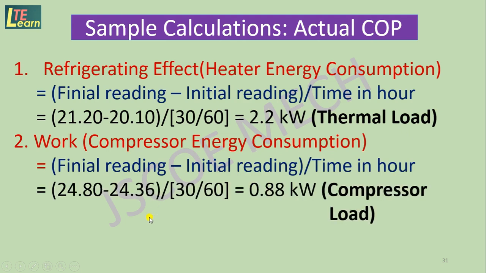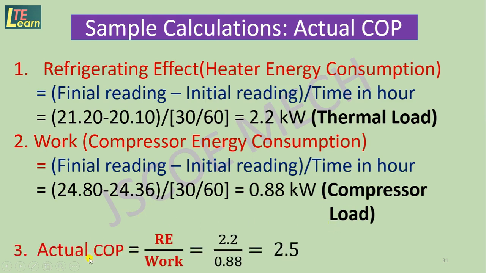In this we put the values for the compressor, and we get the compressor load in kilowatts, that is the input to the system. Now actual COP is the ratio of refrigerating effect divided by work. So here we get the value of actual COP.